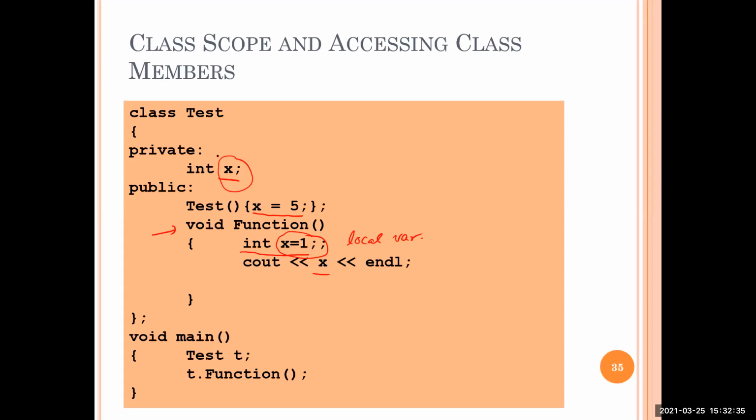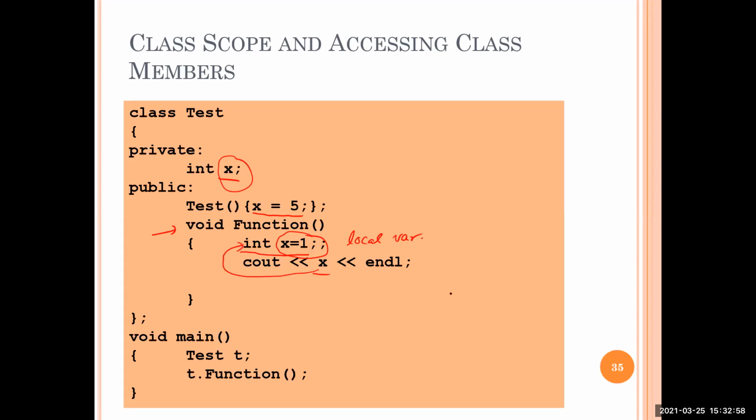Although of course you should avoid repeating the same variable name, just in case there's a situation like this, from your knowledge of programming you must know that whenever we use a variable in a statement, it refers to its nearest declaration. So when you are writing x, the nearest declaration is this one, which is the local variable.